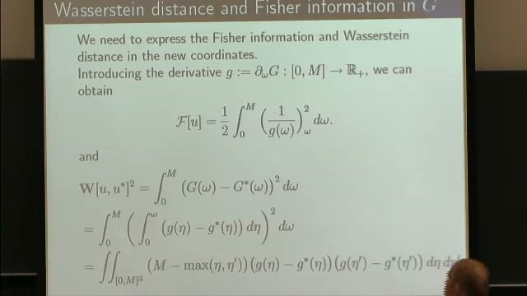And since we want to stick now with this new unknown, we also have to rewrite the Wasserstein distance in terms of small g, which after some computations you end up with such an integral. It looks now a little bit more complicated, but we will see that we can later evaluate this integral quite easily in our scheme.